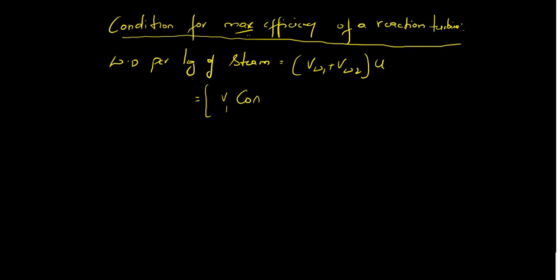V1 cos alpha plus VW2, which is VR2 cos phi minus U, whole multiplied by U. Is this clear now?